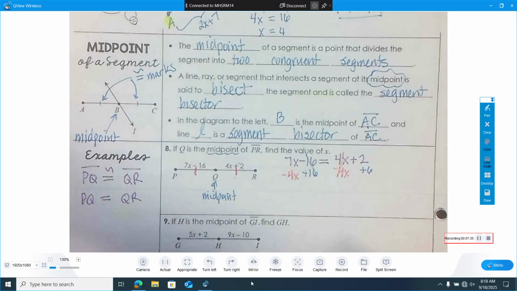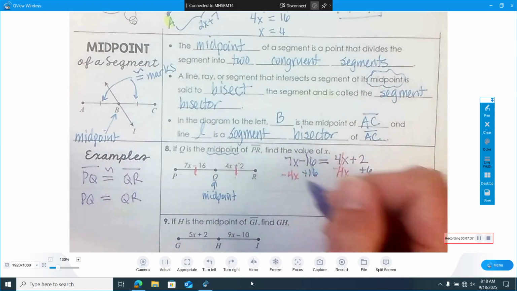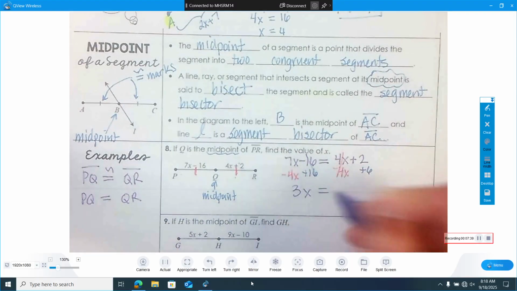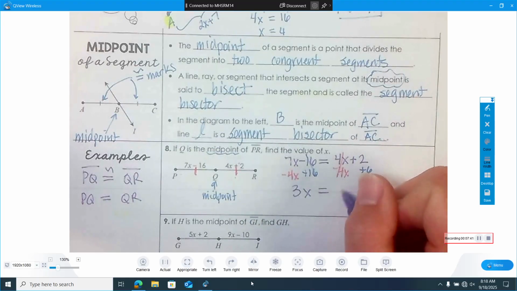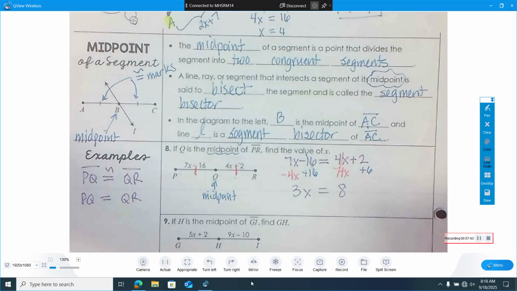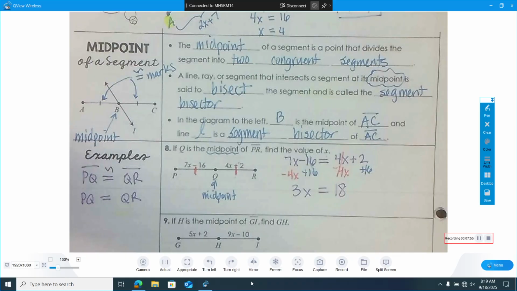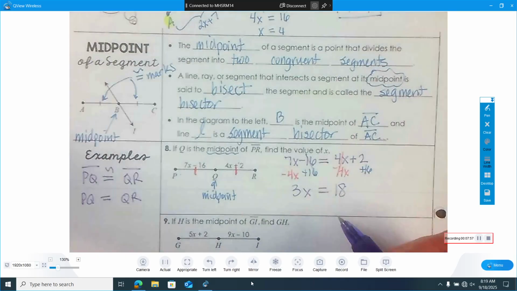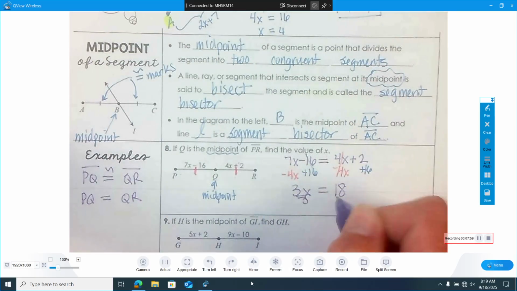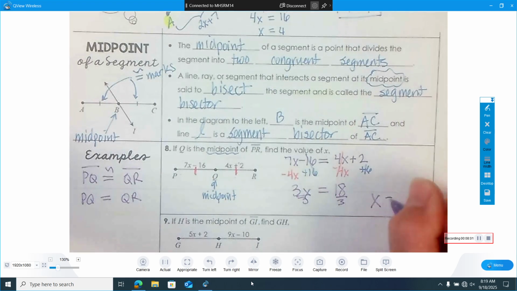So then I have 7x's minus 4x's is 3x's, equal to 16 and 2 is 18. What? You added a 6 instead of 16. Oh, I added a 6 instead of 16. I was like, what the heck here? Okay, so 18. Copy error. And then we divide both sides by 3, and we get that x equals 6.